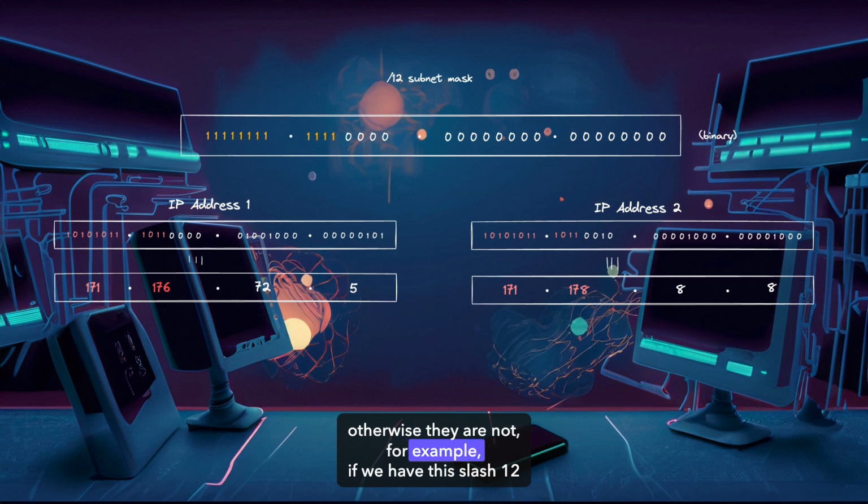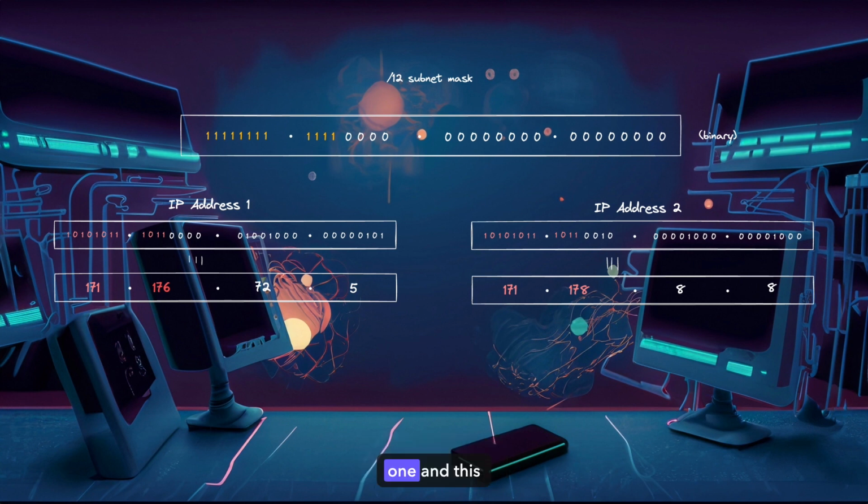For example, if we have this /12 subnet mask in which the first 12 bits are set, the rest are unset, and we have this IP address 1 and this IP address 2, we can see that the first 12 bits of IP address 1 and the first 12 bits of IP address 2 are exactly the same, which means IP address 1 and IP address 2 are of the same network segment and they have the same network IP address.